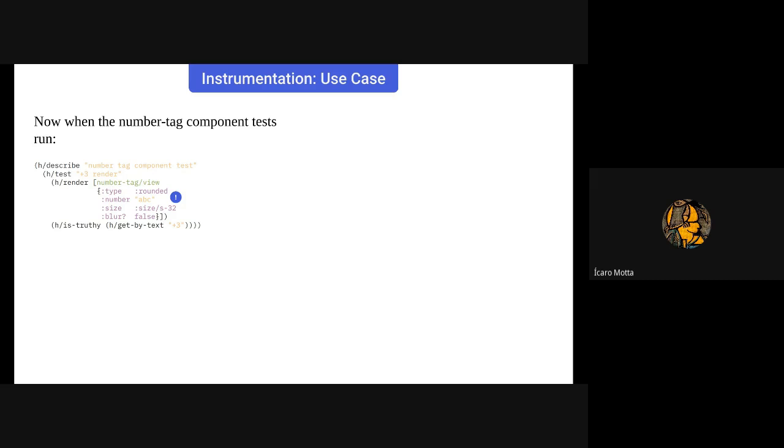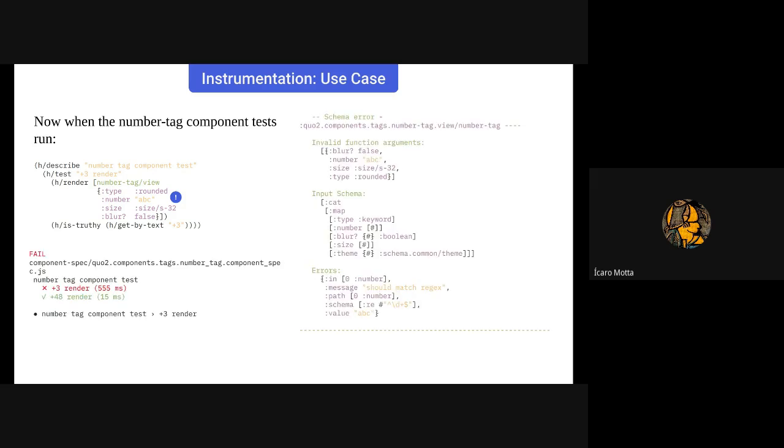So it should fail, and it fails because I configured Malli to throw an exception and log the error. And that's what we see. It's important to reiterate that the function only fails because we called it. There's no static check. We need to call it somehow.